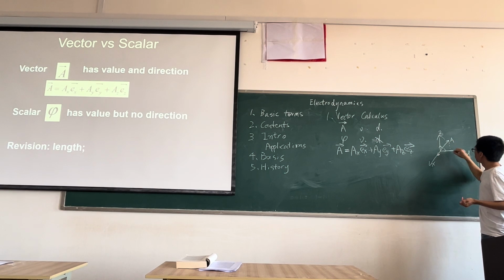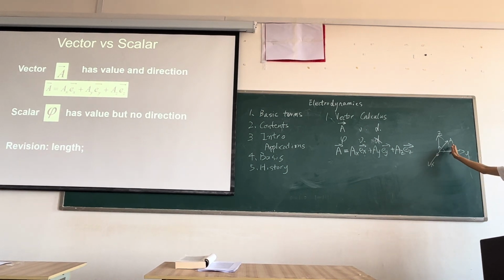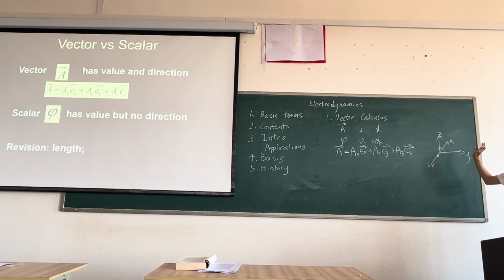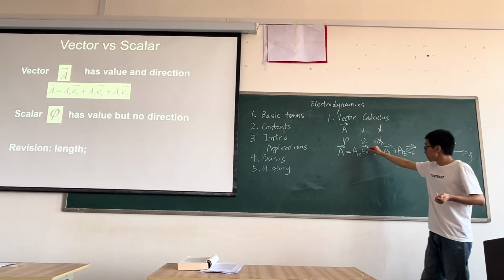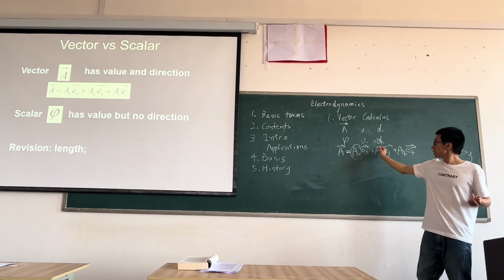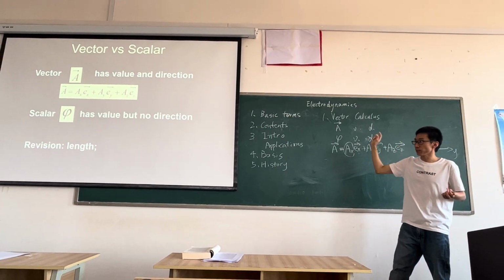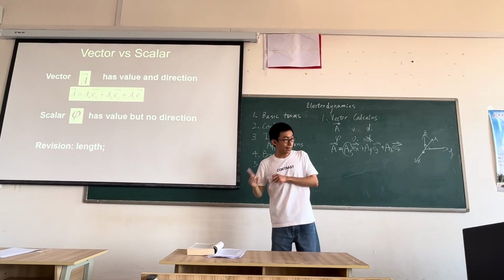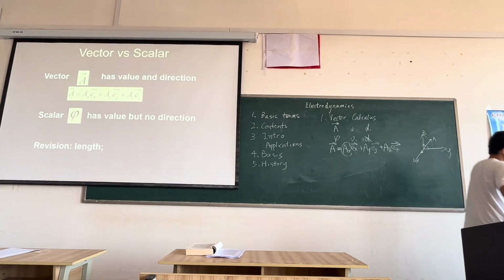AY is the projection of A onto the Y axis. And then each becomes a scalar. That's why it's good. I guess we know it because we're physics major students.